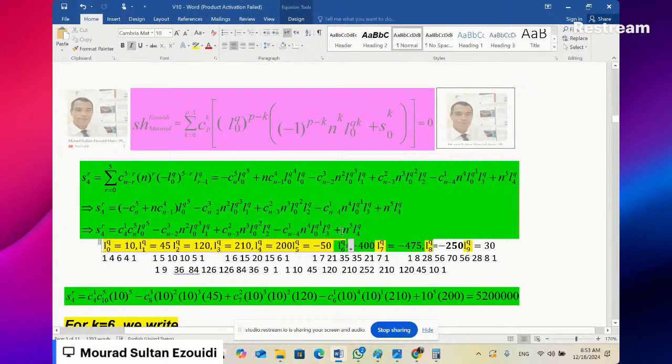So with this formula, I will make just the substitution, then calculate. I will consider only the first term. I will ignore the common factor: 10 squared times 10 raised to the power 3 is 10 raised to the power 5. Also 10 cubed times 10 squared is 10 raised to the power 5, and 10 raised to the power 4 times 10 is 10 raised to the power 5.